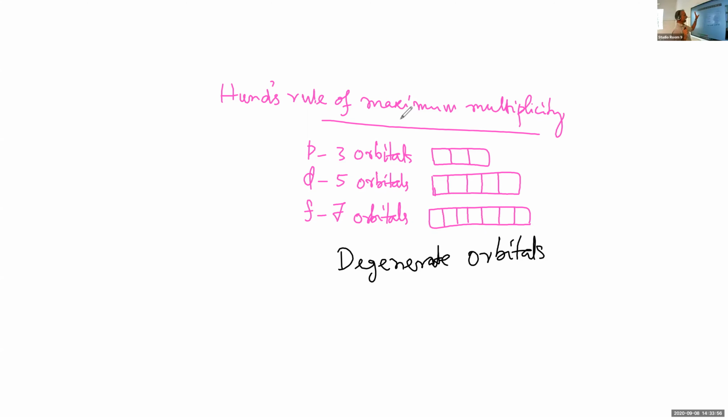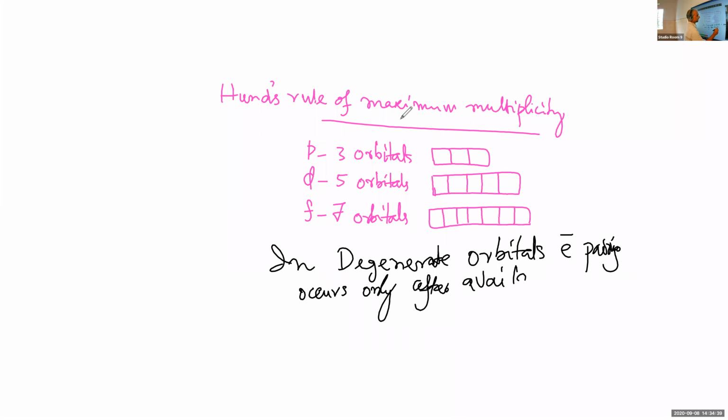Now, according to Hund's rule of maximum multiplicity, in the degenerate orbitals, that means orbitals in a subshell, electron pairing, that means 2 electrons in the orbital, occurs only after the available orbitals are singly occupied first.